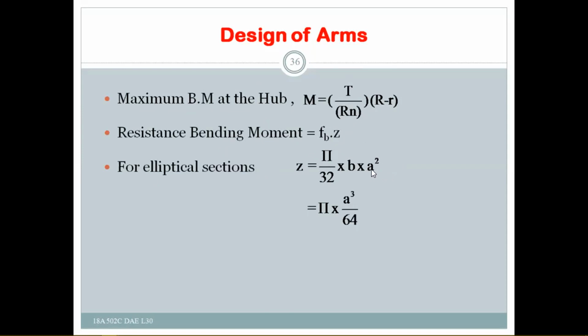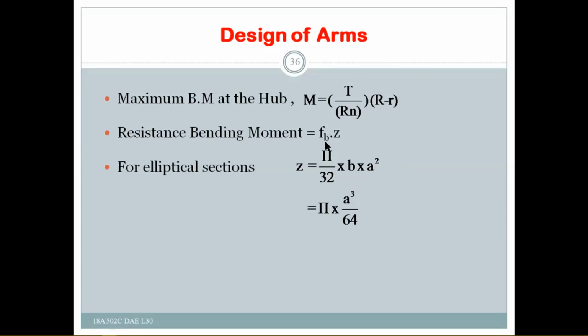If you substitute a equal to 2b, or b equal to half of a, then you will get Z equal to pi a cube by 64. That gives the section modulus of the elliptical arm.